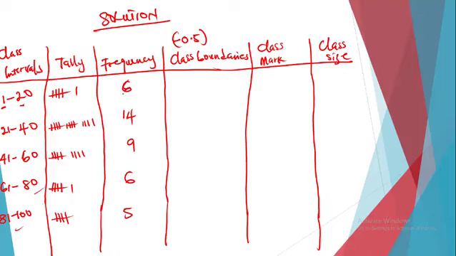Now for the first class boundary here, we have 1 minus 0.5 and 20 plus 0.5, and that will give us 0.5 to 20.5. Is that correct? So our class boundary for this is 0.5 to 20.5.